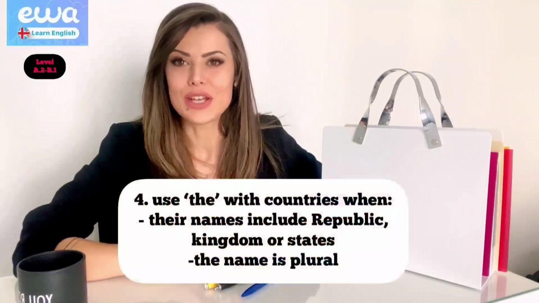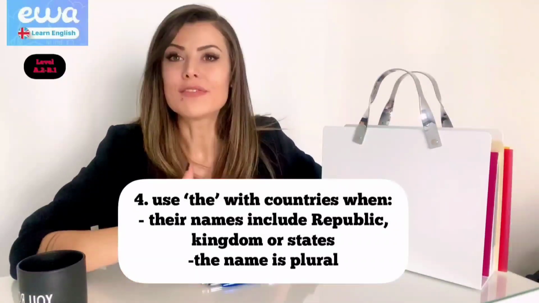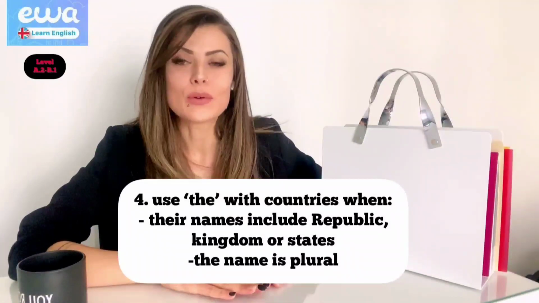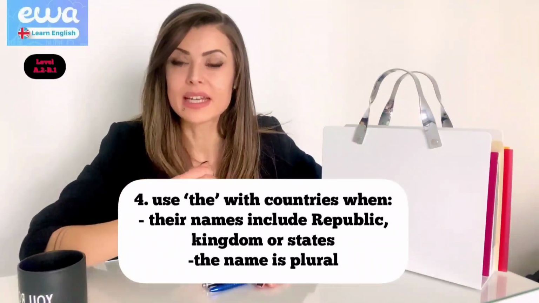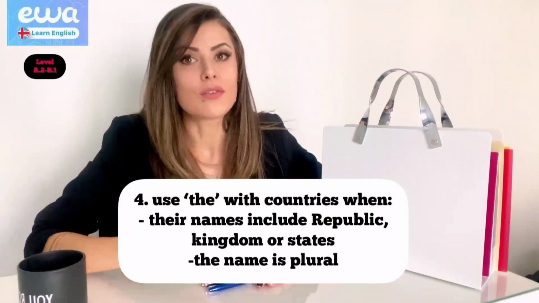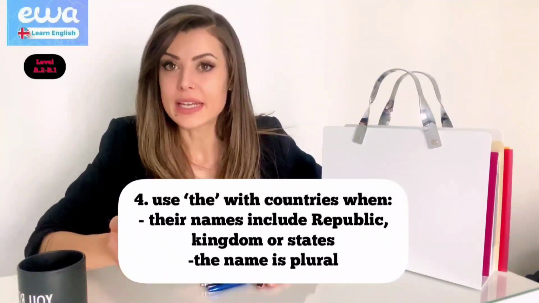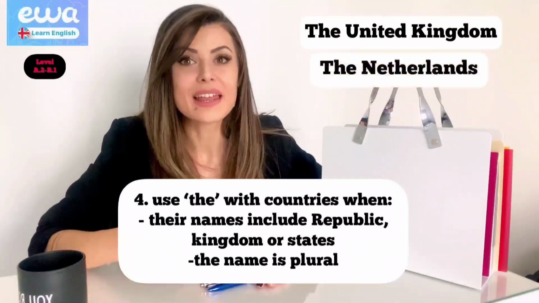Another situation in which we use "the" is with the name of certain countries. For example, if the name of the country includes republic, kingdom, or states, we say "the." For example, the United Kingdom, or when it's plural, like the Netherlands.